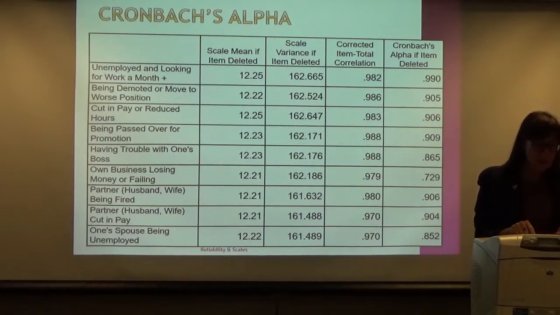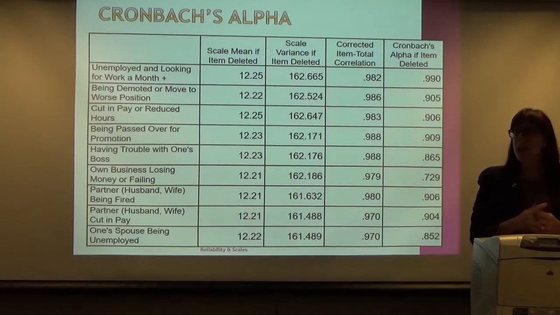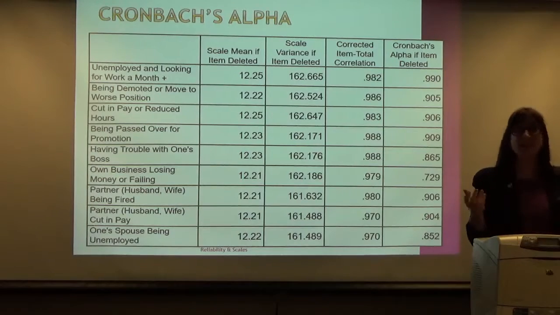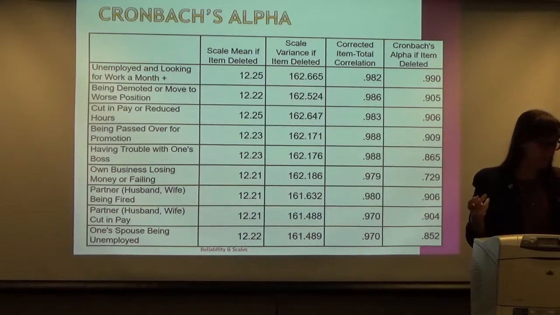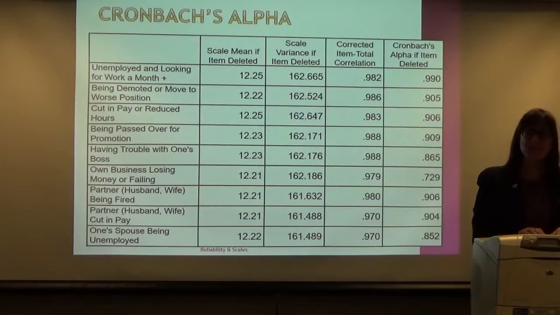But I want to take a look at these. Does you being sarcastic to each other fit? Well, it's part of the accepted Guilford-Bengtson marital satisfaction scale, so I would definitely keep it. But if you were creating your own scale, not using an established scale, you would look and go, well, maybe sarcastic doesn't fit. Or, yes, it does, I'm keeping it. I don't need to go up anymore.